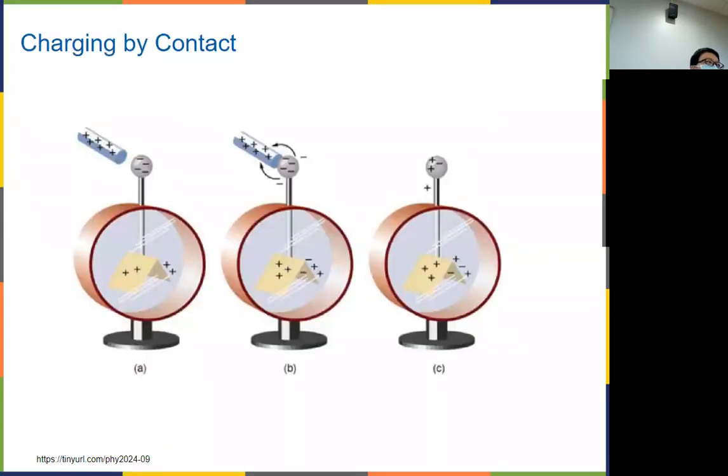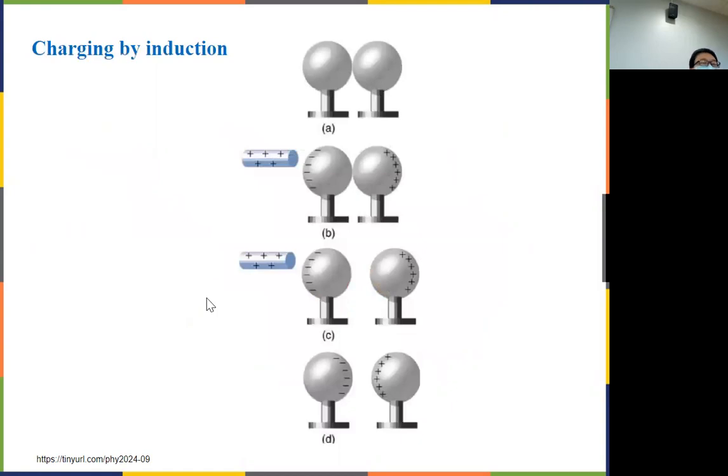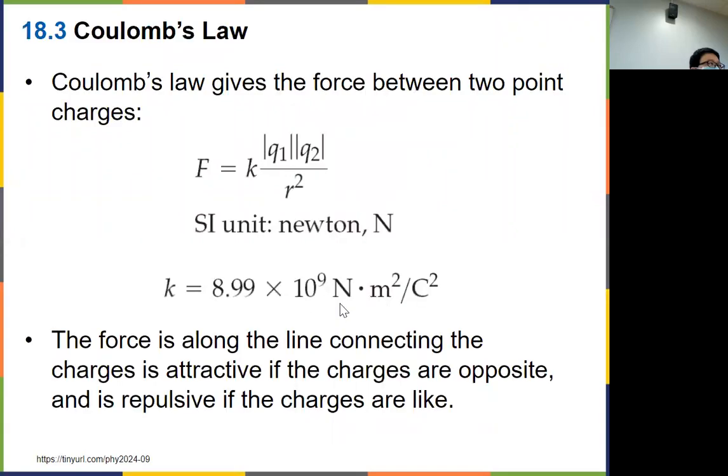You can charge a particle by contact, bringing charges to the particle so that charge is transported to that particle. Or you can charge by induction. That means bringing a charged particle close to, say, a system or pair of conductors. After that, you can separate the conductors, and each will carry opposite charges in that way.